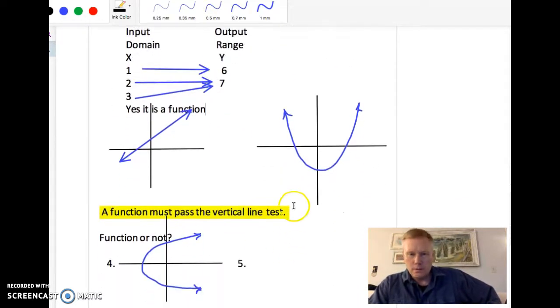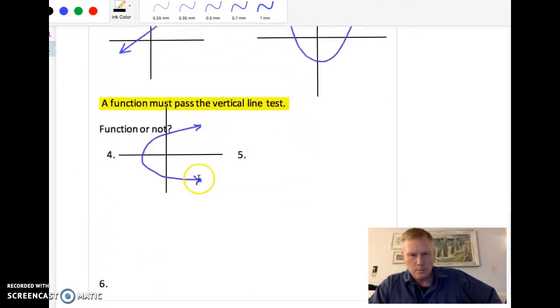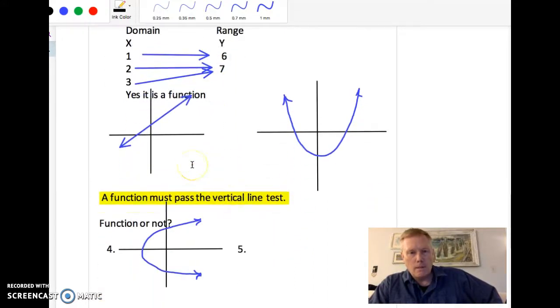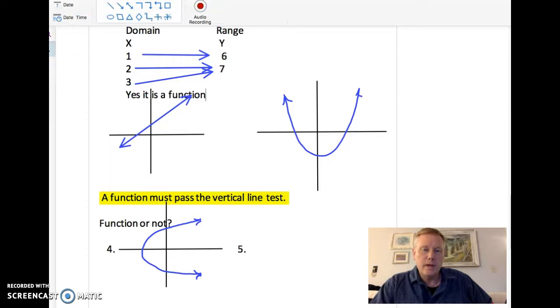Now the other thing, and this got moved, is, with my drawings here, a function must pass the vertical line test, which means this is the first graph here, and I apologize, it's kind of overlapped there, but if I put a vertical line through there, anywhere on that graph, does it hit the function, in this case it's a blue line, in more than one spot?